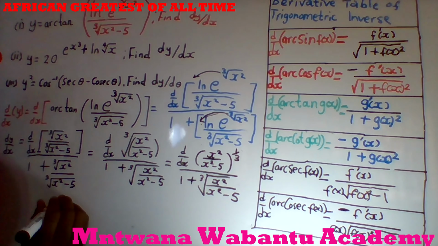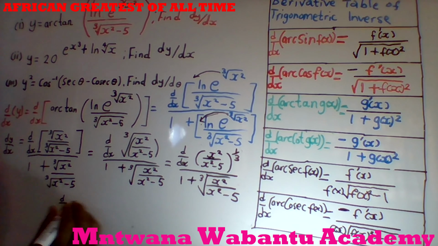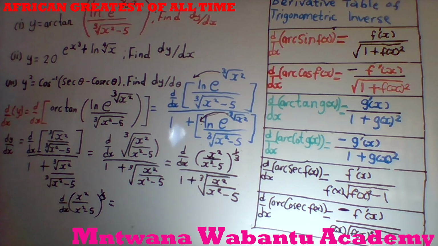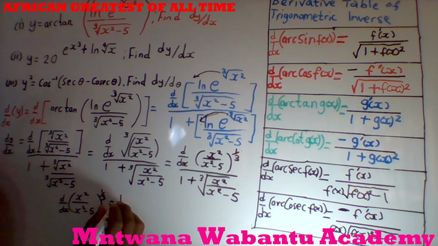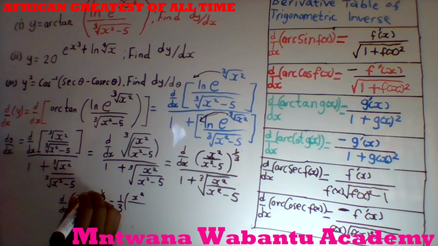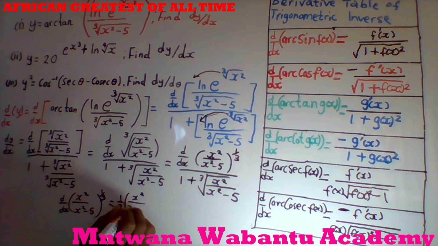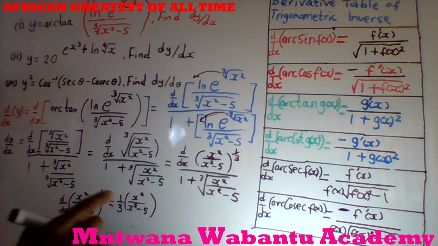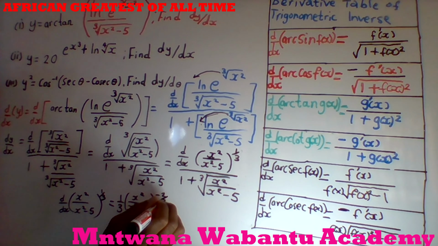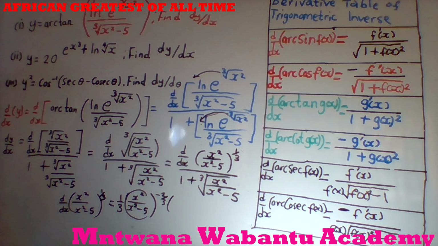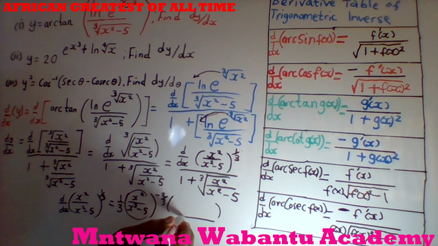So let's differentiate d dx of x squared over x squared minus 5 to the power 1 over 3. So, kings and queens, we take 1 over 3 to the back, so it's going to be 1 over 3, and then we write this exactly: x squared over x squared minus 5, and then 1 over 3 minus 1 gives negative 2 over 3. And then the next step, I'm going to have to differentiate whatever is in here. And the final answer, I'm going to write here.